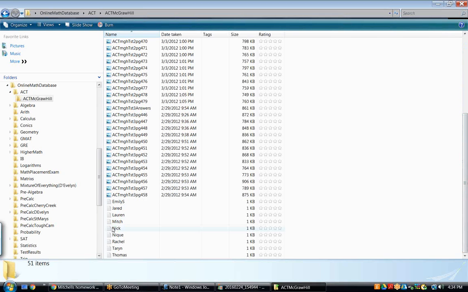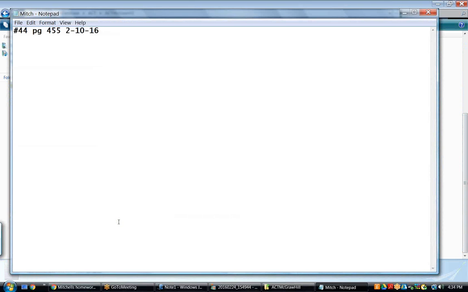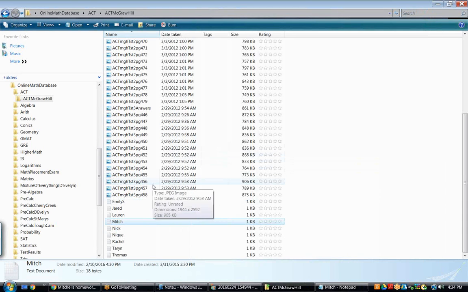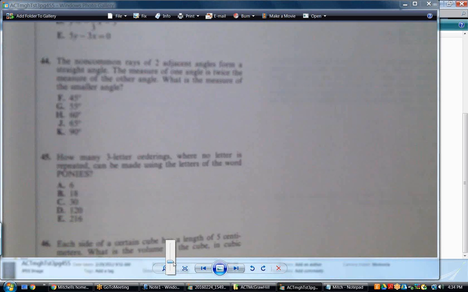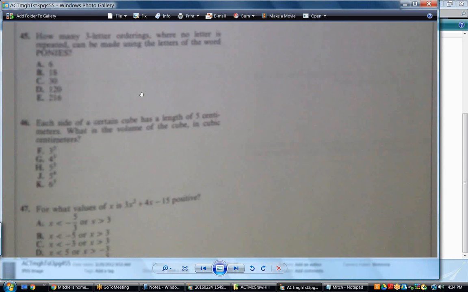So it's definitely going to be worth our while to practice those geometry problems. I just got to find them. We'll pick up where we left off, 455. Now, 45 is where we left off.